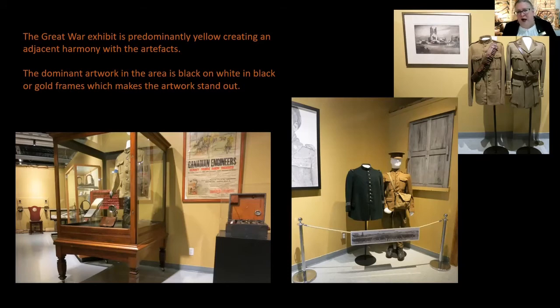There's a lot of brass, but then you get colors popping out like the gray of the shutter to the right of the two uniforms there. And it also provides a nice contrast to the artwork that we have in that gallery. And you can see a couple of exhibit pieces on the right-hand side there.